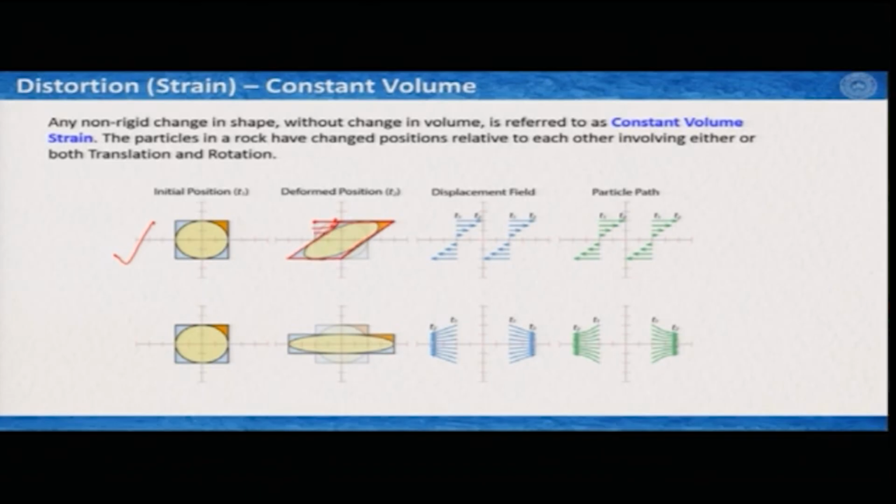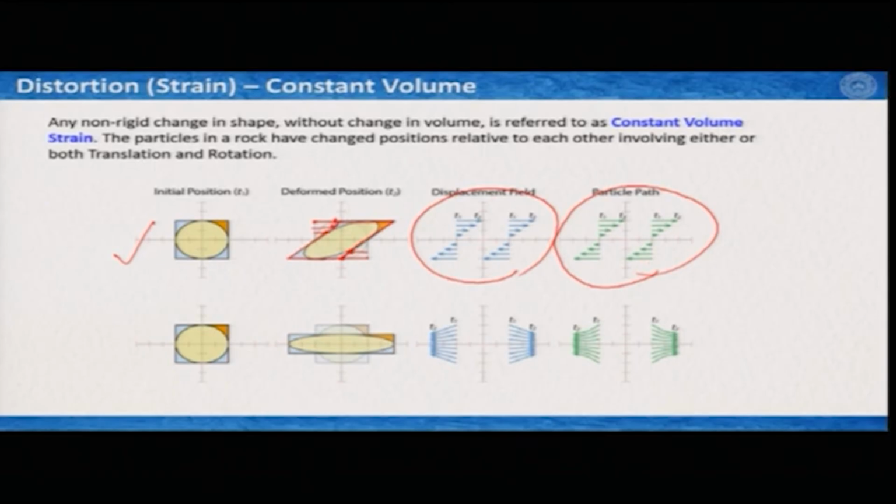That means from this side it moved this way, from this side it moved in the opposite way, and this is how the particle path would look like. The displacement field would look like this, and the particle path in a very similar way.